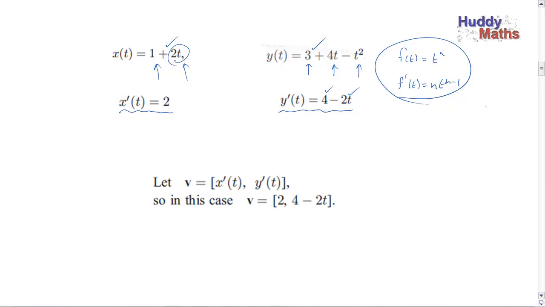So now, if t represents time, then we have a velocity expression, don't we? The rate of change of the x coordinate with respect to time will be the velocity in the x direction, the x component of the velocity, and the derivative of y with respect to time will be the y component of the velocity. Okay, so here we are, we have this velocity vector.